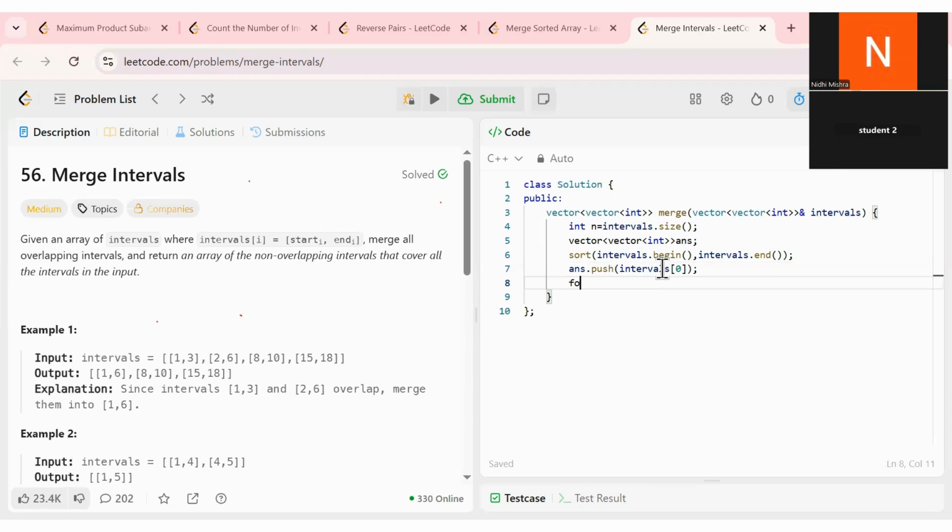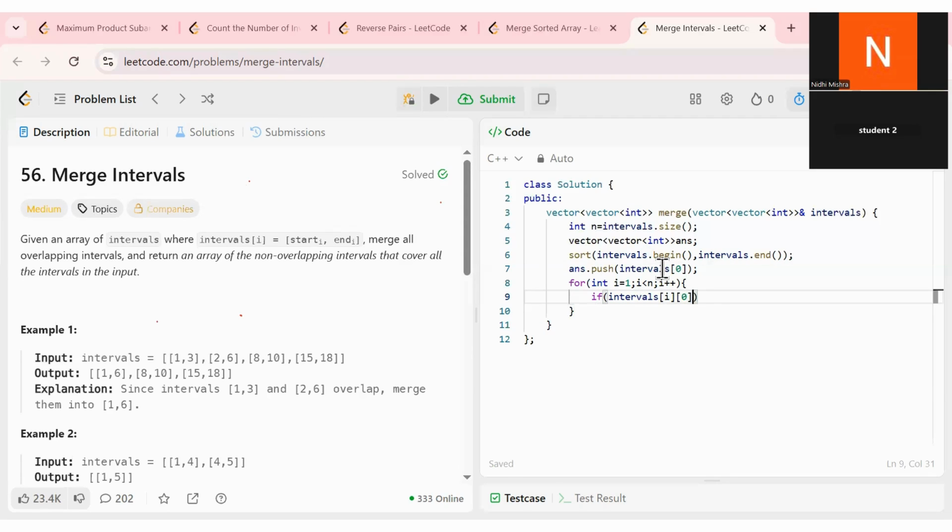Okay. What should I do now? We'll start the loop from 1 to n. We'll check the intervals of the answer's last element with the second element.